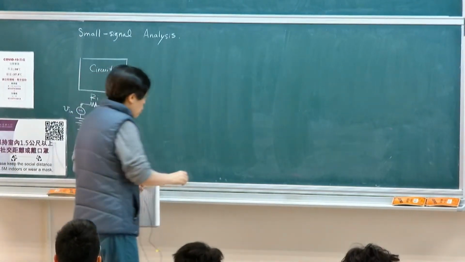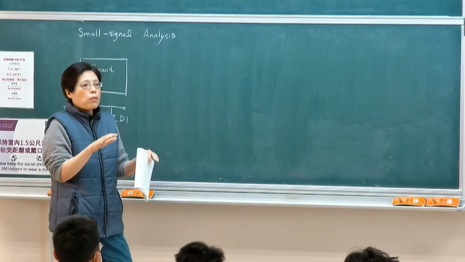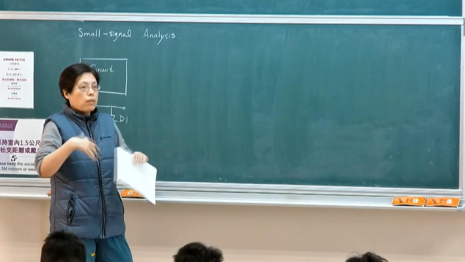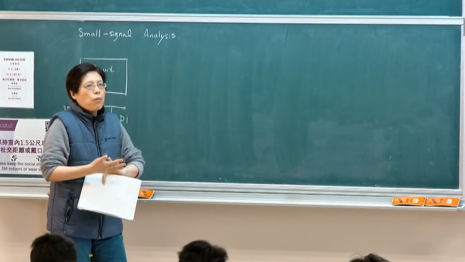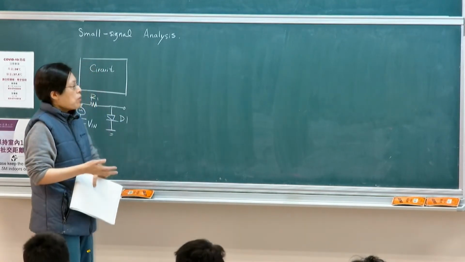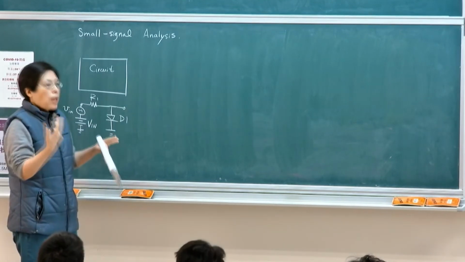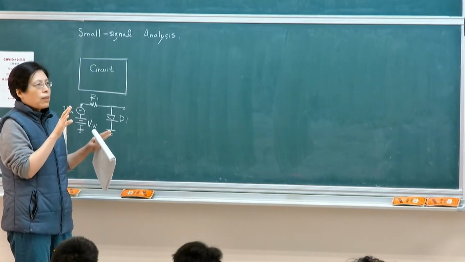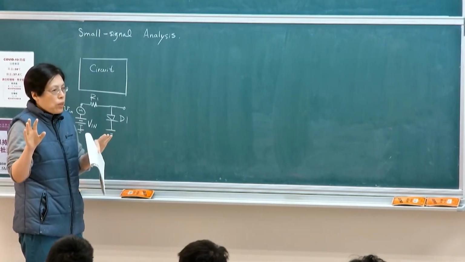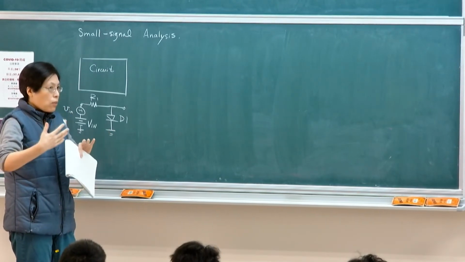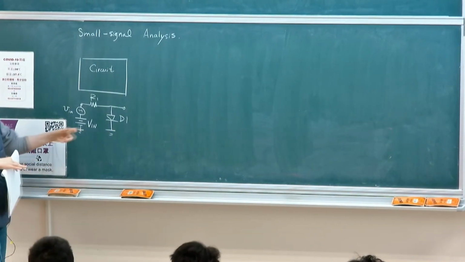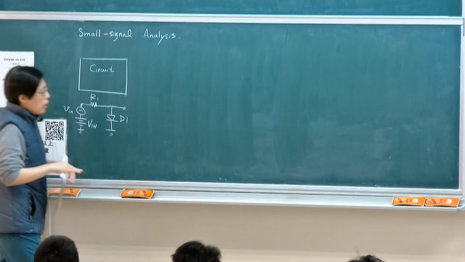One of the conventions, I know the textbook we used does not follow this convention, but I remember maybe Sedra Smith uses this type of convention for notation. So I try to follow this notation in order for you to get a sense of what is the DC biasing component and the AC signal.